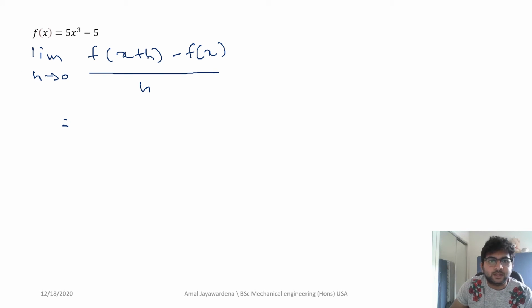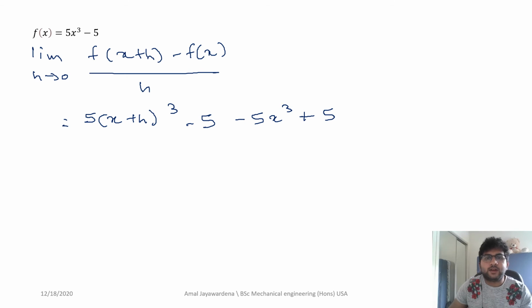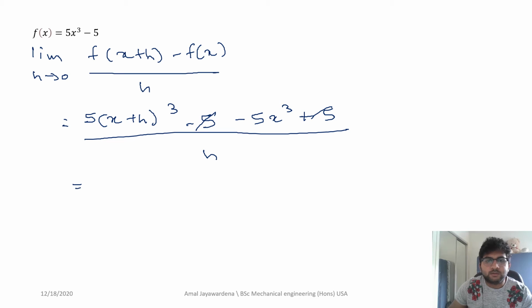So it's going to be 5 times (x plus h) cubed minus 5x cubed, and then minus minus is going to be plus, divided by h, right? So it's going to cancel out. Let's see what we're going to end up having here.